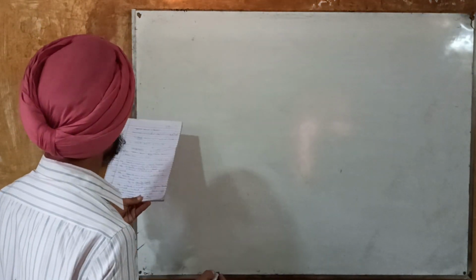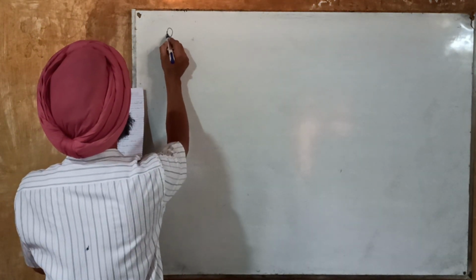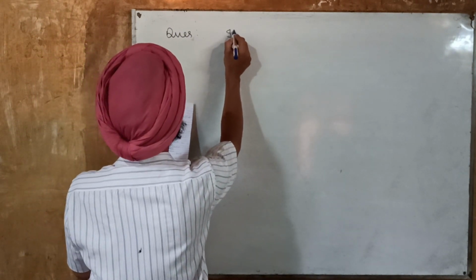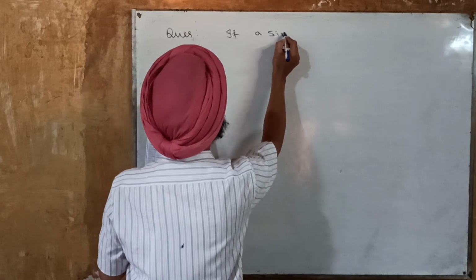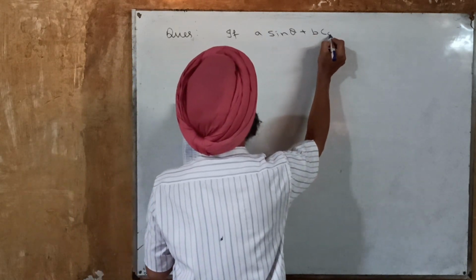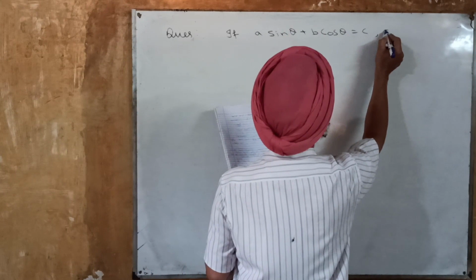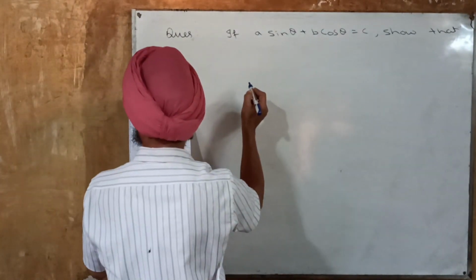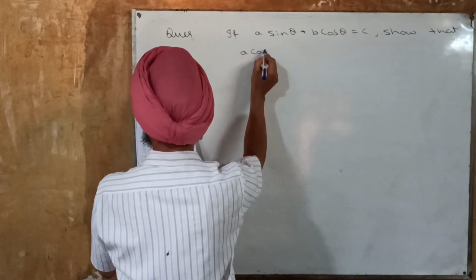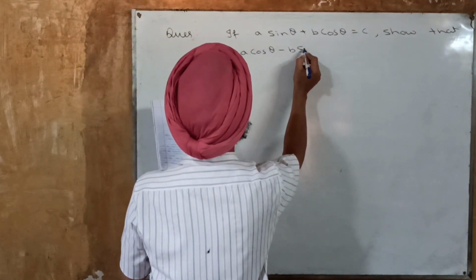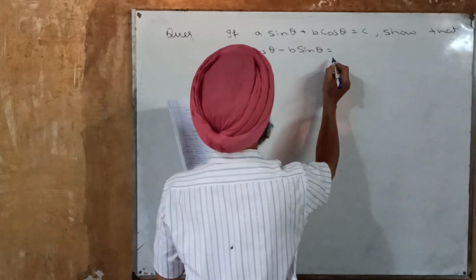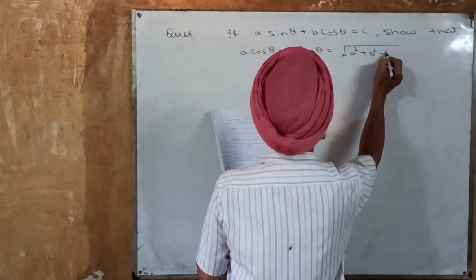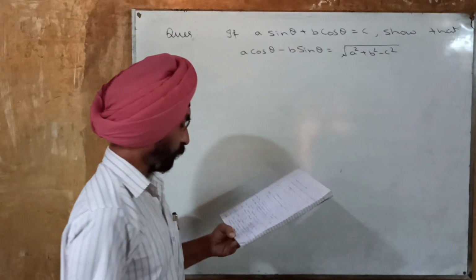The next question I'm going to take is: if a sin theta plus b cos theta is equal to c, then show that a cos theta minus b sin theta is equal to square root of a square plus b square minus c square.